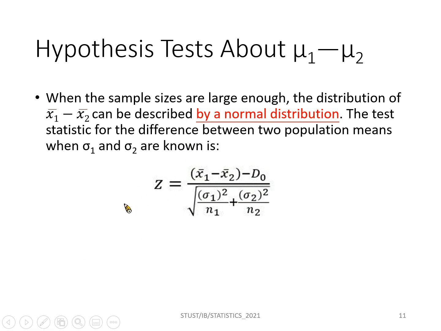We will use z to express it, based on x1 bar minus x2 bar, the difference, minus a specific value from your hypothesis, and then divided by the standard error of x1 bar minus x2 bar. It's the test statistic for you to do the hypothesis test.